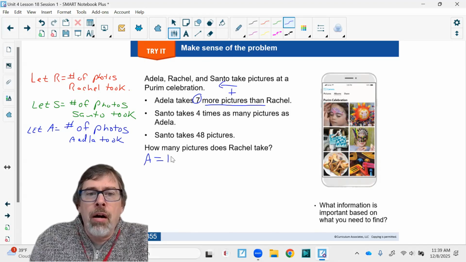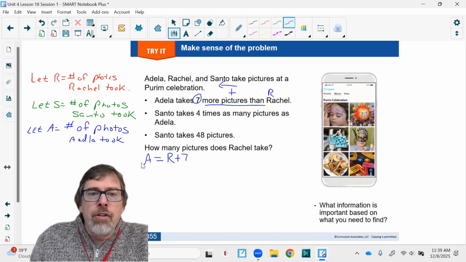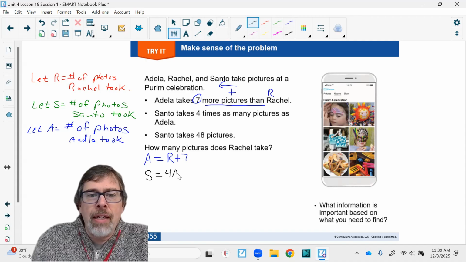So it's going to be R for Rachel right here, plus 7. So Adela equals R plus 7. That's one equation. Then it says Santo takes 4 times as many pictures as Adela. So Santo equals 4 times as many pictures as Adela, which would be 4A. So there are our 2 equations.